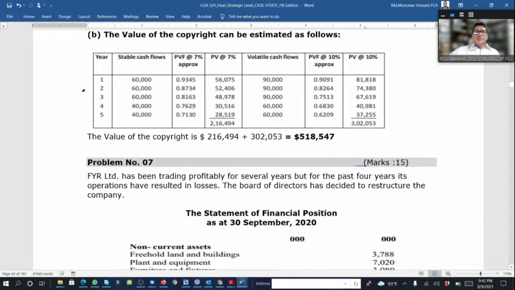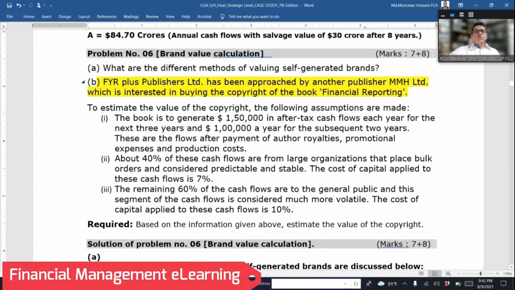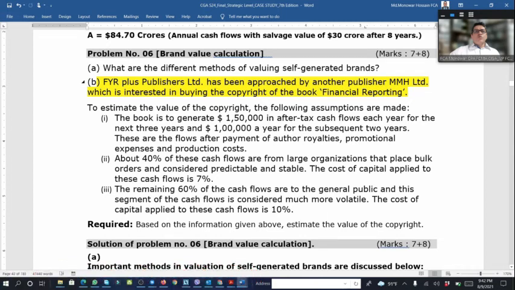Let's see. CPFA Plus Published Limited has been approached by another publisher which is interested in buying the copyright of the book Financial Reporting. They estimate the value of the copyright under the following assumptions.